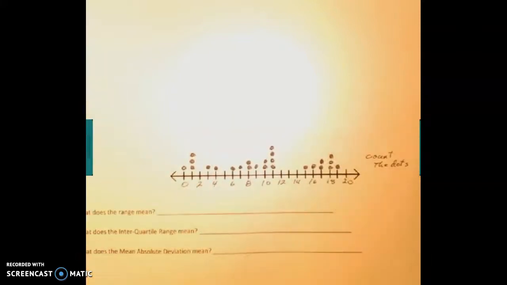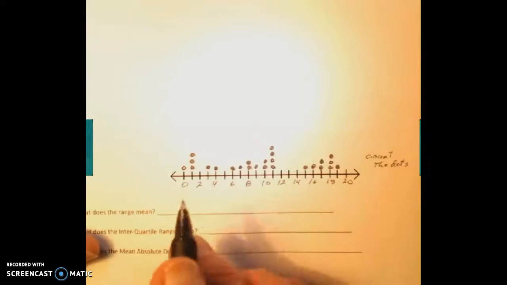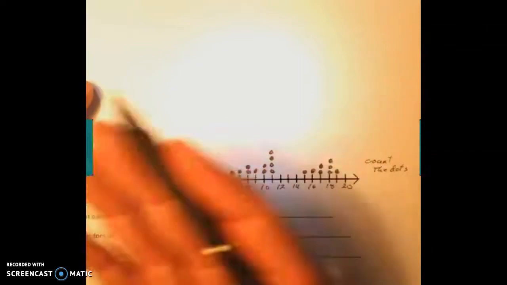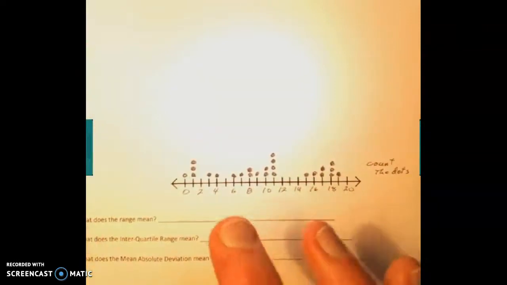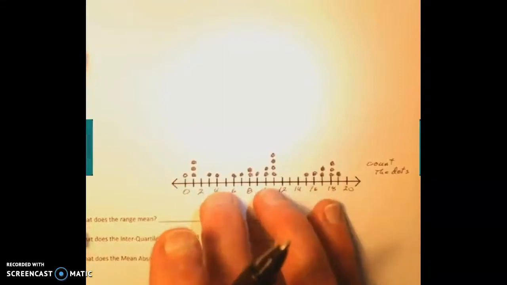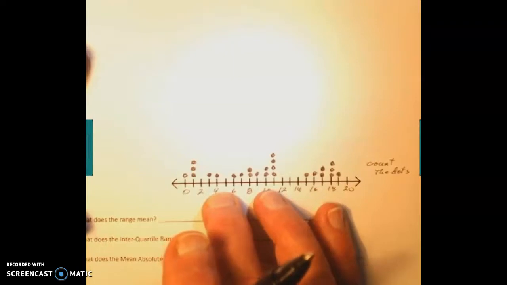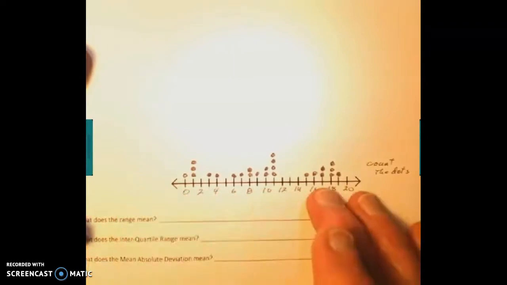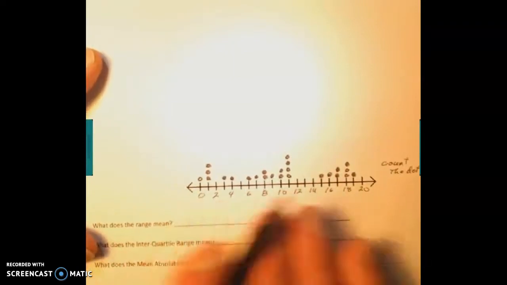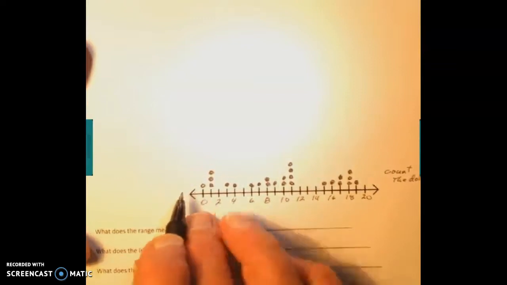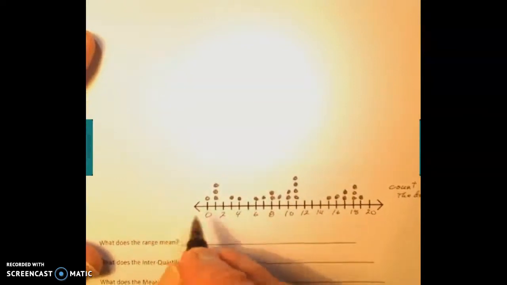But on the last attempt, I accidentally put one dot in the wrong place, so be careful when you're doing your dots, because now what I'm going to do is use this dot plot to put my numbers in order from least to greatest. They're already in order, and I know how many of each one there are, so that will be a little bit easier, I hope.